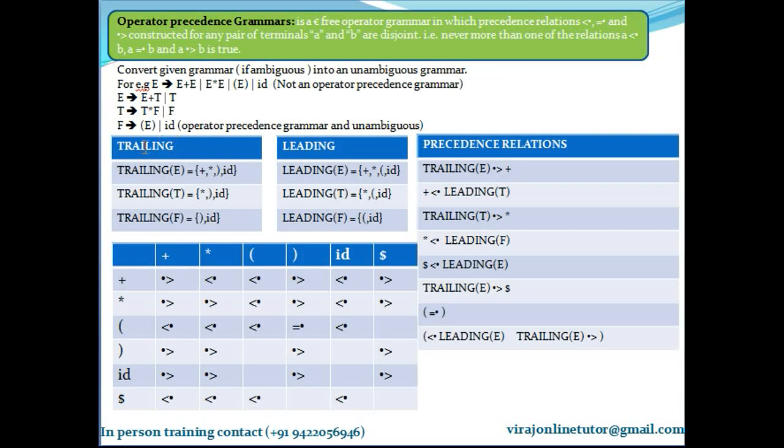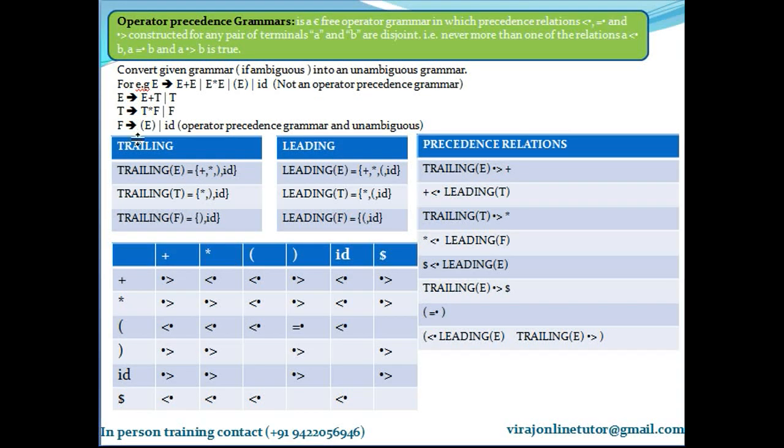If I match it with gamma a delta, gamma is epsilon, a is open bracket, and delta is whatever follows after open bracket. What we have to focus on now is that gamma has to be epsilon or a single non-terminal. Over here gamma is epsilon, and small a is your open bracket.